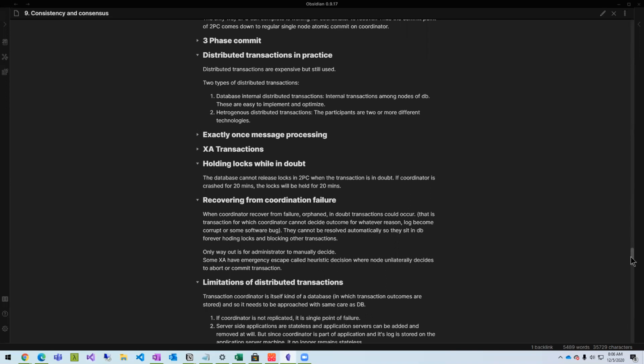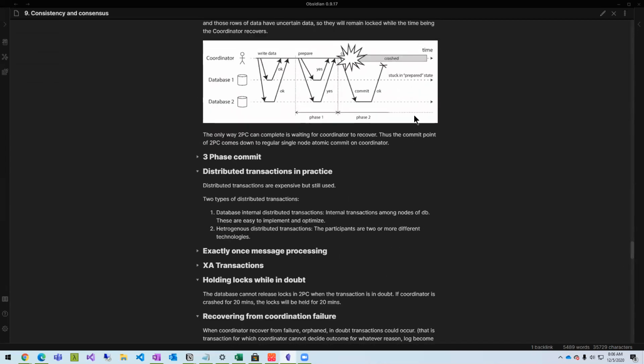Since the role of the coordinator lies in the application, imagine a scenario when the coordinator crashed after this point, and the log, whatever it had saved, got corrupted or lost, or because of a software bug the data was not in the right state.